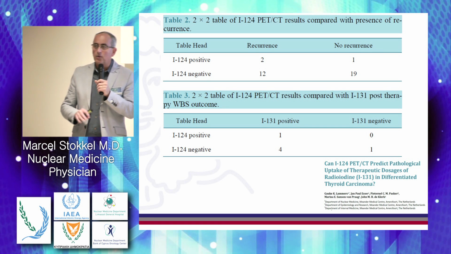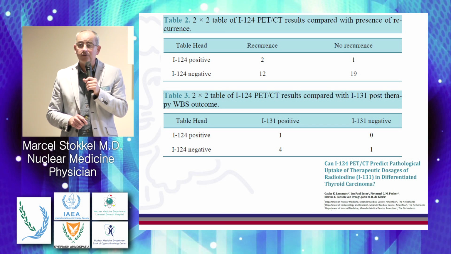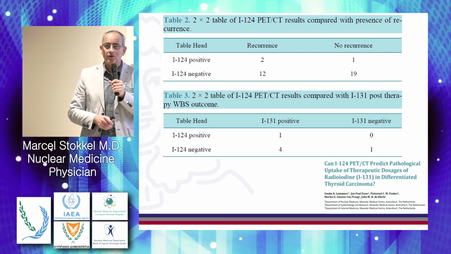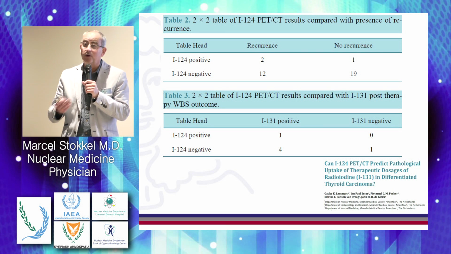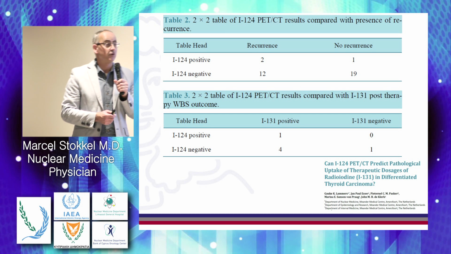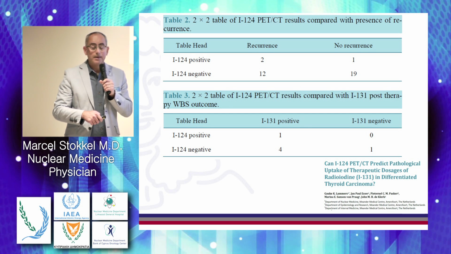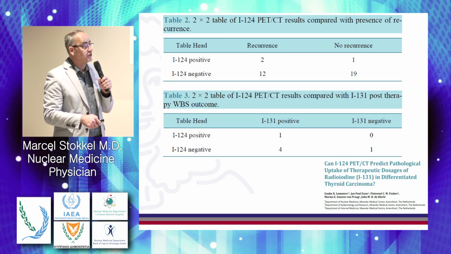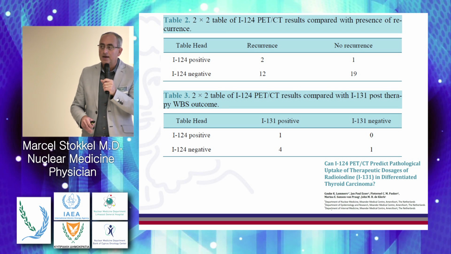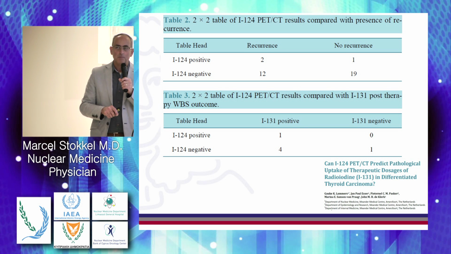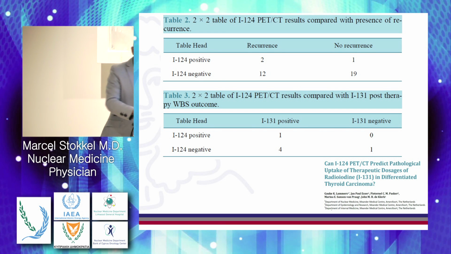So the role of iodine 124 PET scanning in current clinical practice is really a topic of discussion. We don't know yet what the value of it is. What if it's positive? Well, it might already have been observed on post-treatment scans. In our study that has recently been published from our institute, we had comparable results. So, in fact, there is a role for FDG PET scanning, but not as a regular test for iodine 124 PET scanning.